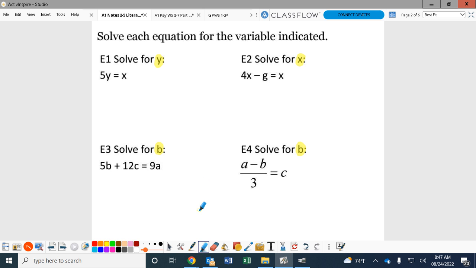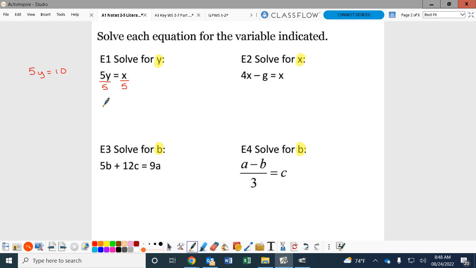To do this first problem, we're going to be trying to get the y by itself. If this was a number here like 5y is equal to 10, what will we do to solve this problem to get the y by itself? Divide by 5. We're going to do the same thing here. We're going to divide by 5.